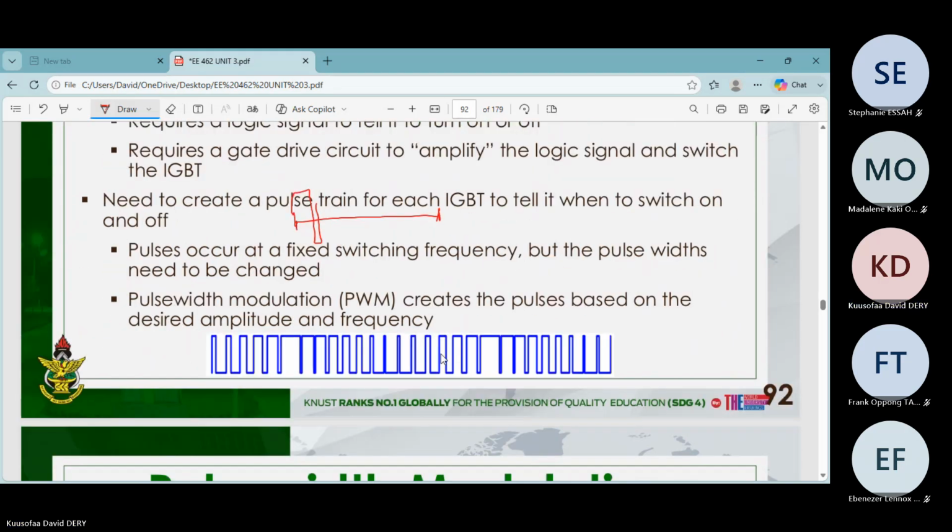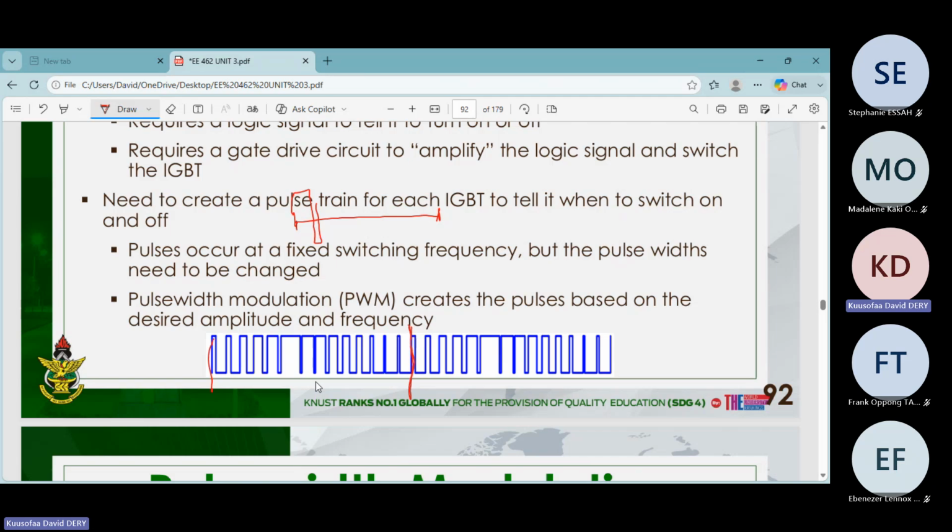Up to this, it's one switching period, right? Realize that over this time, the widths of the pulses are changing. That's why it's called pulse width modulation.